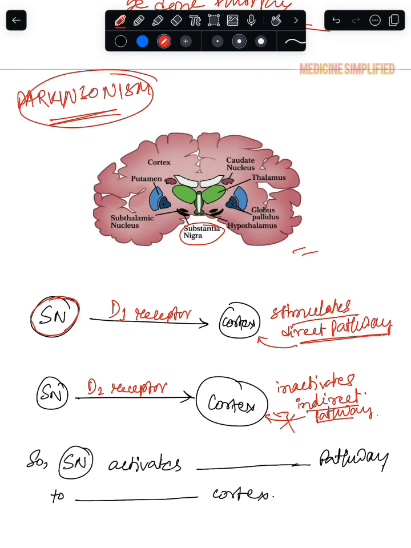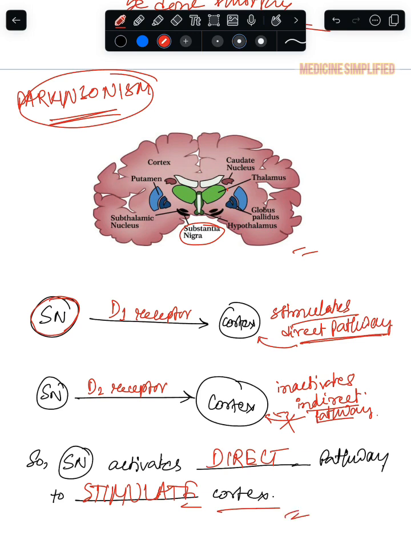So the substantia nigra via the D1 receptor causes activation of the direct pathway, and via the D2 dopamine receptor causes inactivation of the indirect pathway. So mainly it only activates the direct pathway. In a word, the substantia nigra activates the direct pathway to stimulate the cerebral cortex. Got it?